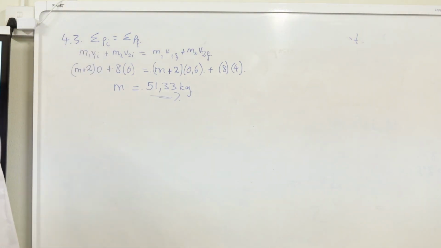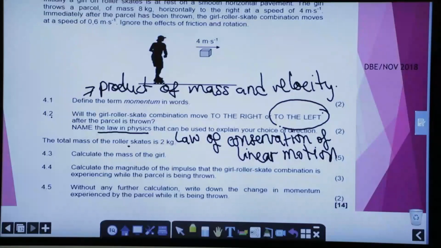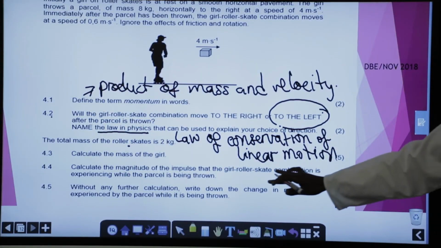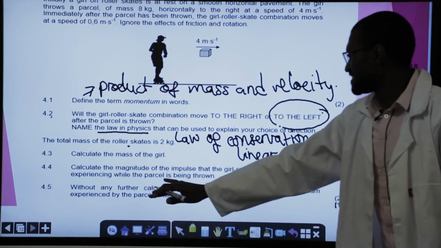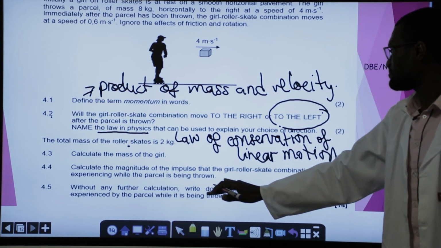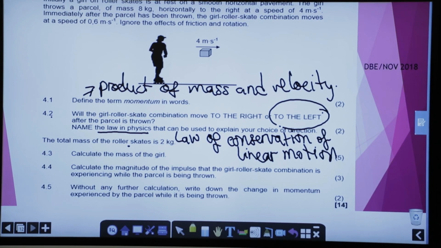The question 4.4 goes on to say, calculate the magnitude of the impulse the girl roller skate combination is experiencing while the parcel is being thrown. What is the impulse? Impulse, as we know it, is equal to change in momentum.